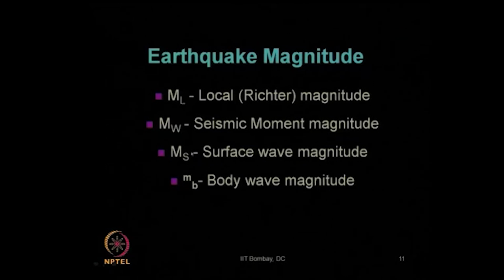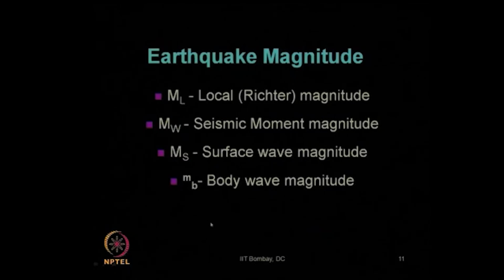Next, another important magnitude scale which is commonly used is called MS, which is nothing but the surface wave magnitude scale. And another important magnitude scale is called MB, the body wave magnitude scale. So, these are the four major magnitude scales.